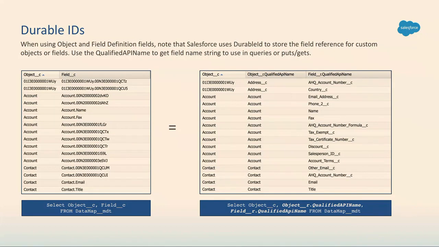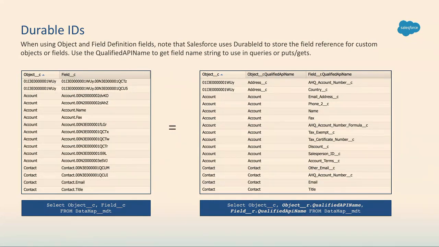So a little bit about custom metadata and those entity and field definitions as to how they get stored. You'll see here on the right, I created a custom metadata type called data map. And I added an entity definition, and I also added a field definition field that is controlled by the object field. So I called them object and field, which sounds redundant. But when you create metadata records, it stores standard objects and standard fields, you'll get the standard developer name.